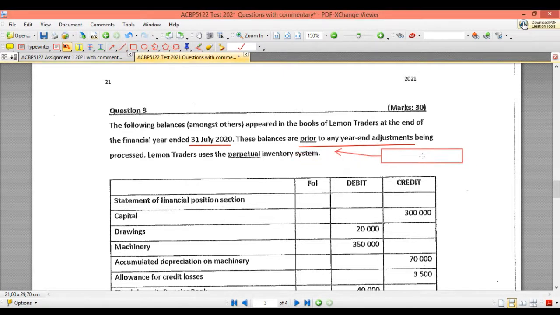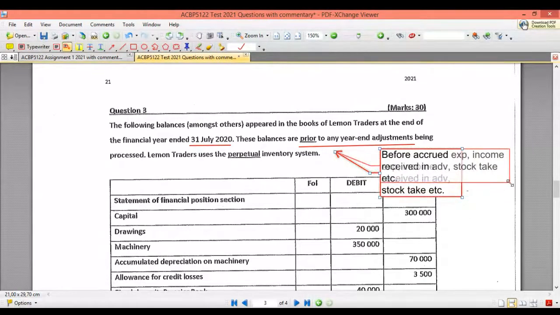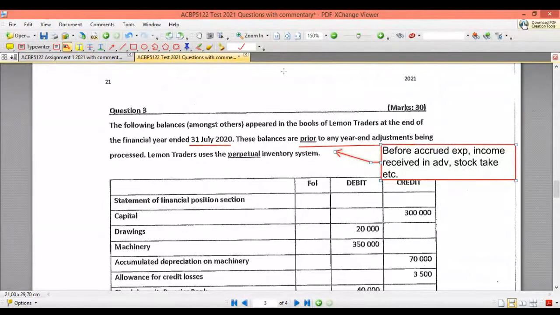So let's just say before accrued expenses, income received in advance, stock tax, etc. Okay, so this could be any type of adjustment that generally happens at year end has not been reflected in those amounts.